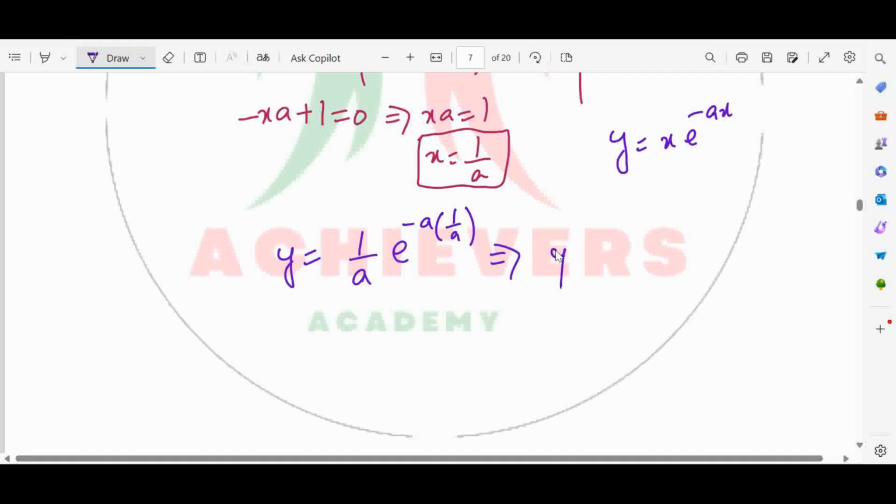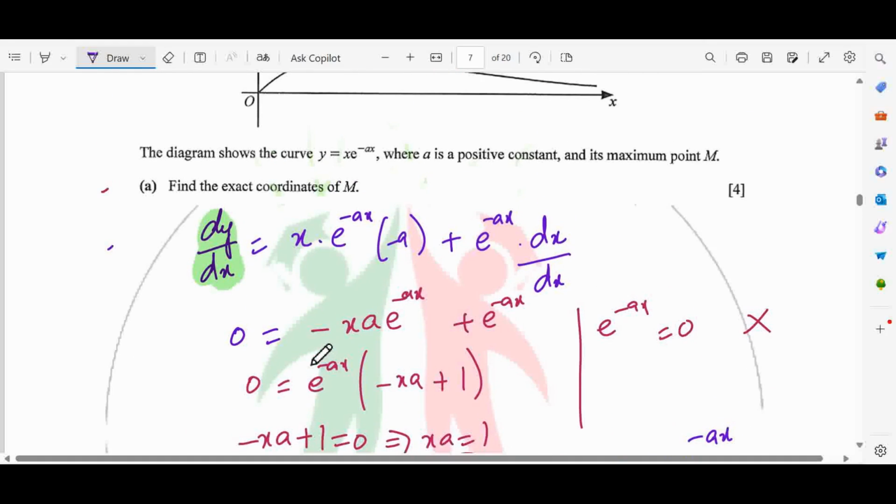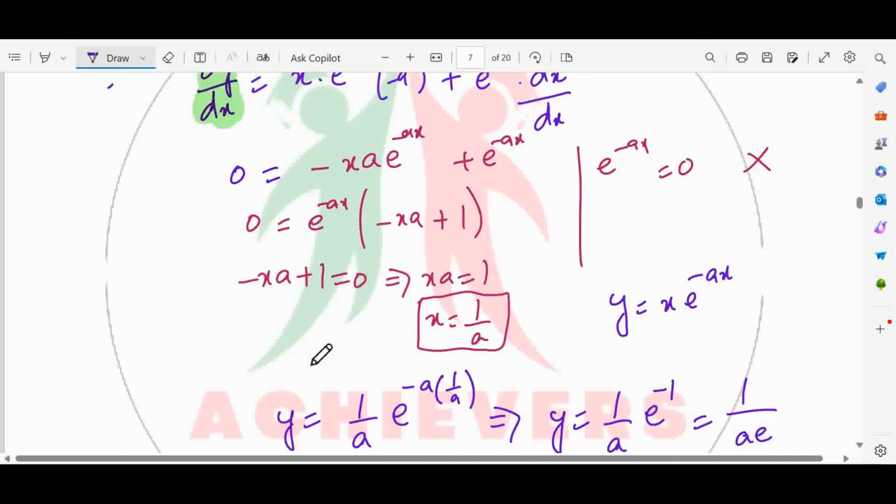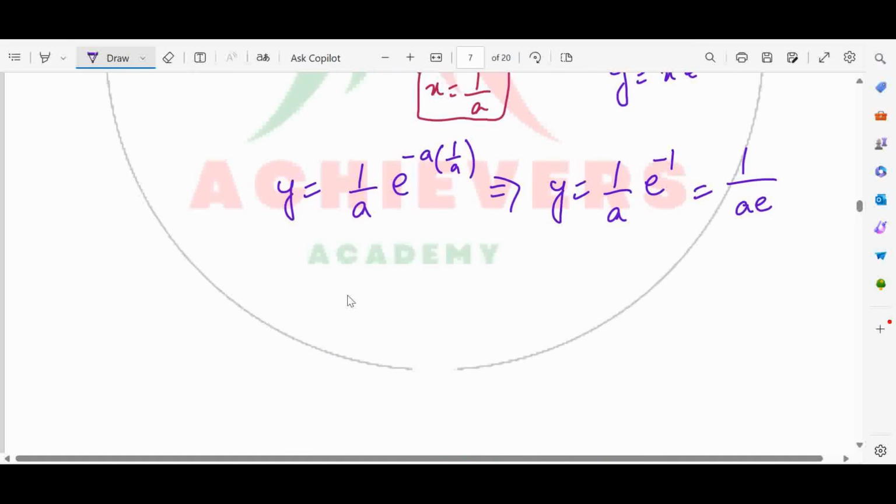So y will be equal to 1 by a e power minus 1, which is 1 by a e. We need the exact coordinates, so we cannot simplify it in decimal form. So 1 by a will be the x coordinate of M, and 1 by ae will be the y coordinate.